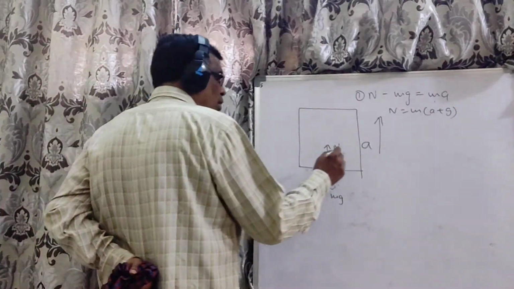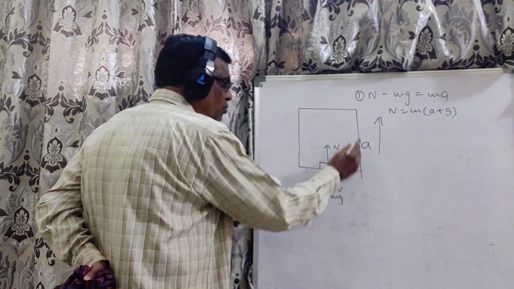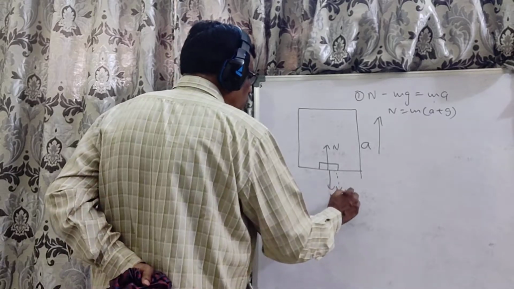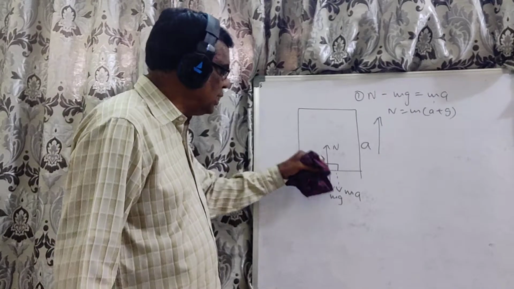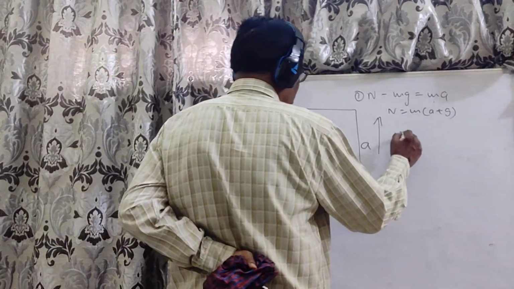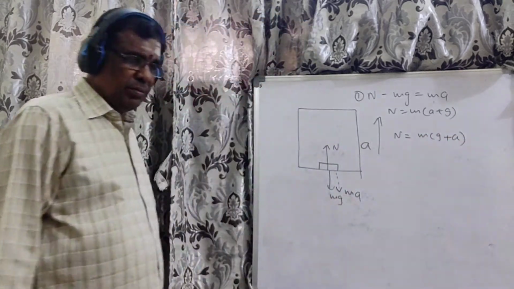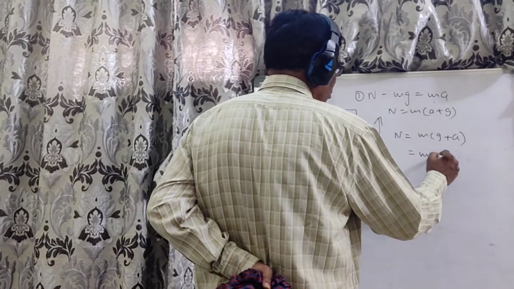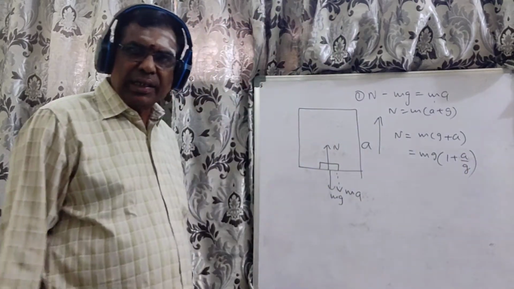I can also take the frame of reference of the elevator: the pseudo force acts downward, and with respect to the elevator the body is stationary. Therefore N is equal to m into g plus a. Either way I can write.